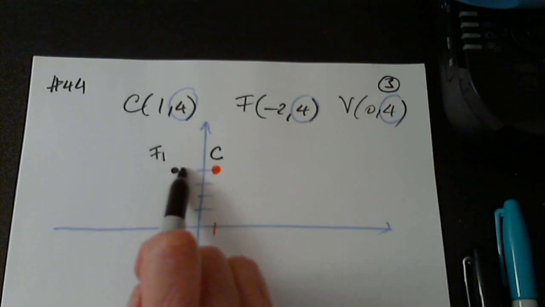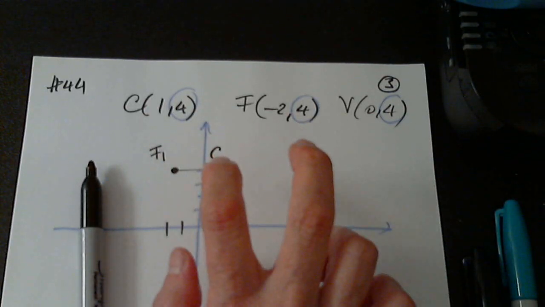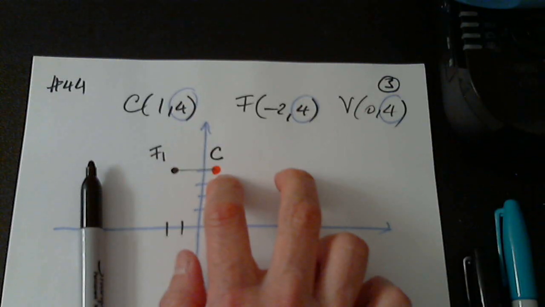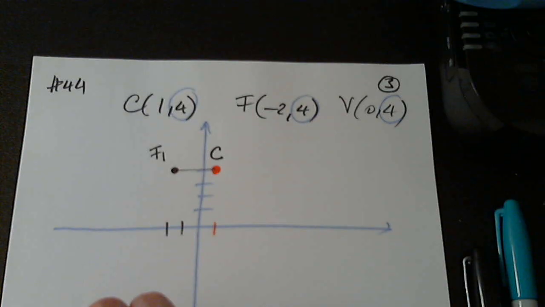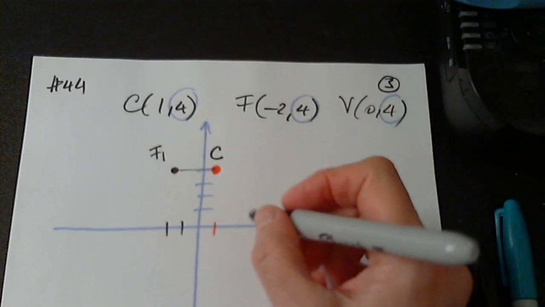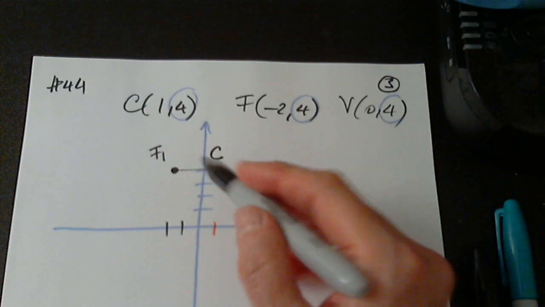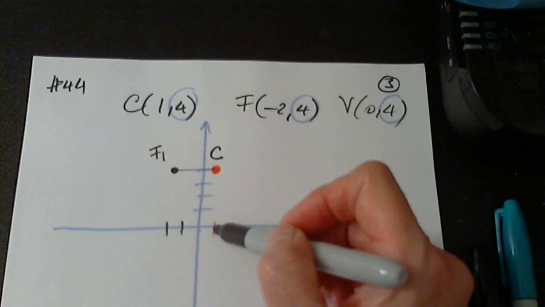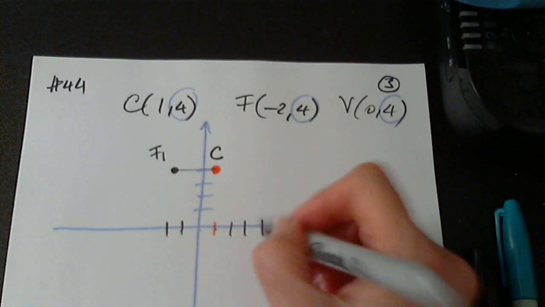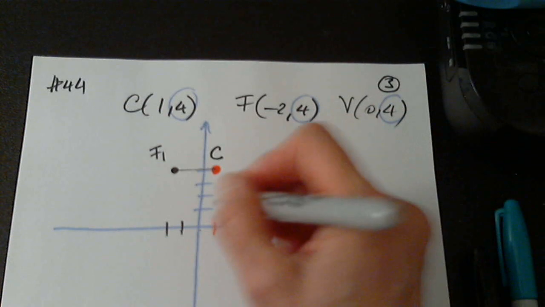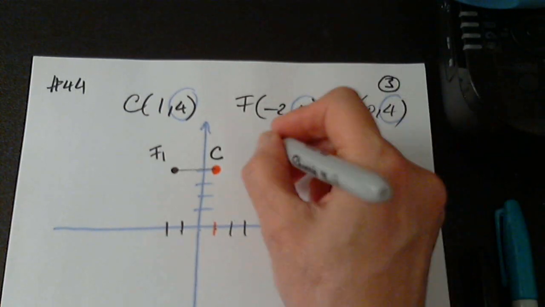Remember, this distance is 3. 3 units on this side, 3 units on the other side. So it will be 4, 4. Excellent. So this is F2.